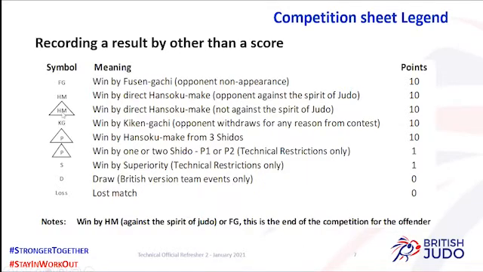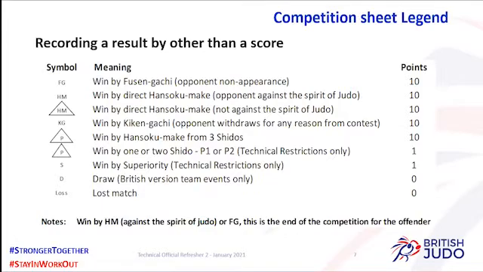So with Fusengachi and Ansukamaki, if the athlete incurs one of these two, see the note at the bottom, that is the end of the competition for that particular athlete. They cannot continue in a pool or a knockout. They are out of the competition altogether.